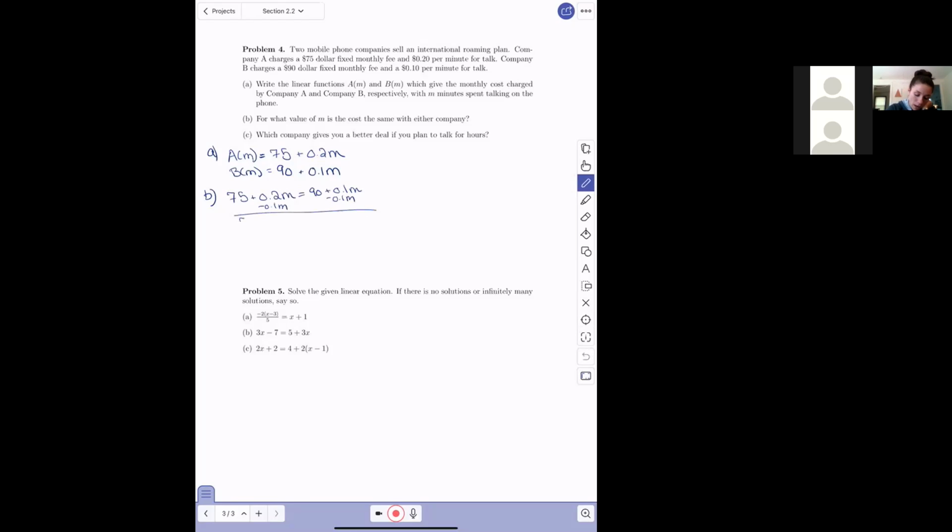We have 75 plus 0.1 M is equal to 90. Subtract 75 from both sides, so you have 0.1 M is equal to 15. Divide by 0.1, M equals 150 minutes.